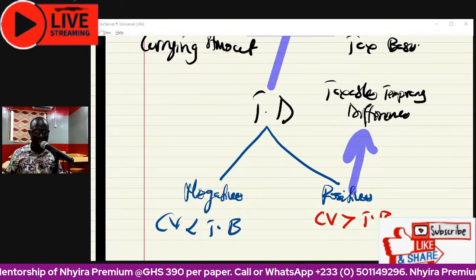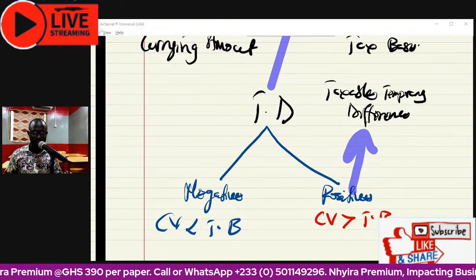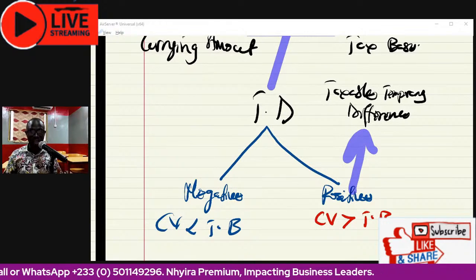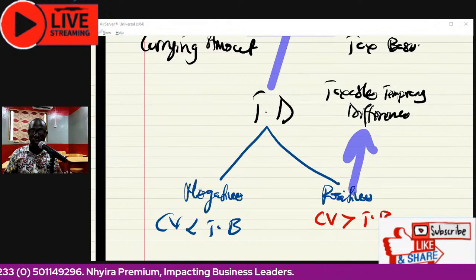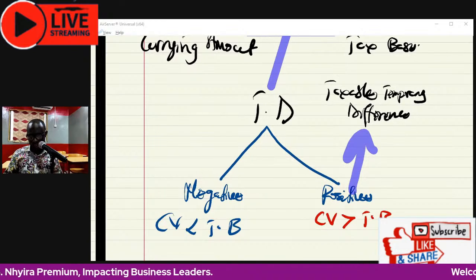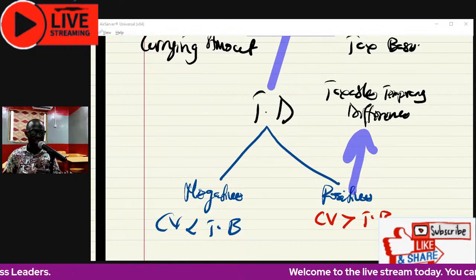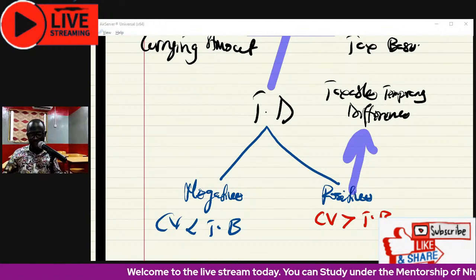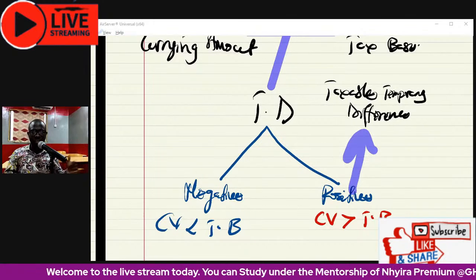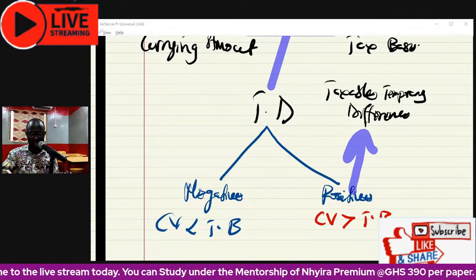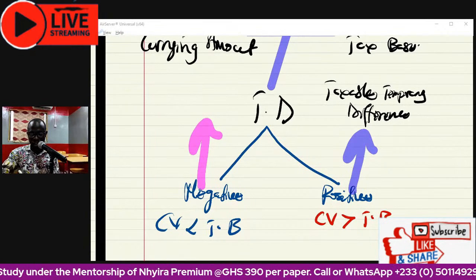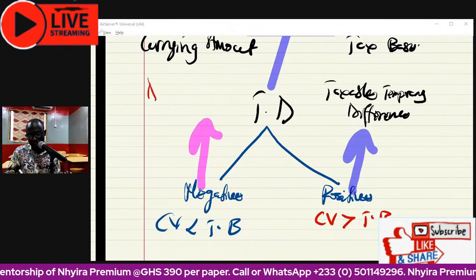Meaning for some reason the entity has an impairment in the asset, or for some reason it's a liability in that particular case. So when the carrying amount is less than the tax base of the asset, it results into what is called a deductible temporary difference.